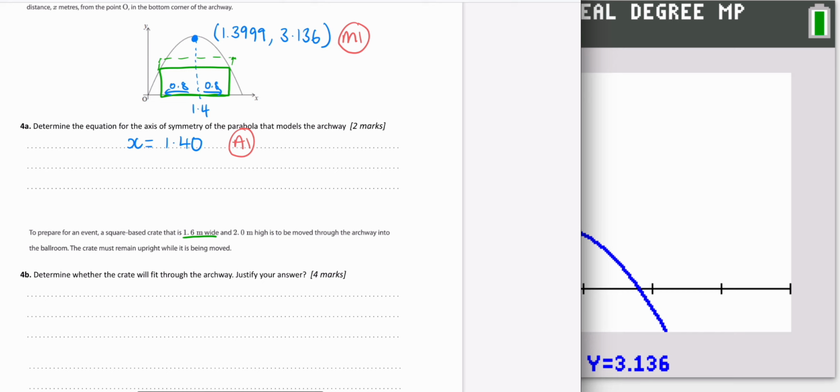So that's going to take me to 2.2 and 0.6. So if I can find out what height the graph has at 0.6 and 2.2, if it's more than 2, then that's okay, the box fits underneath. But if it's less than 2, then the box is going to go higher. So that tells me whether the box is going to fit or not.